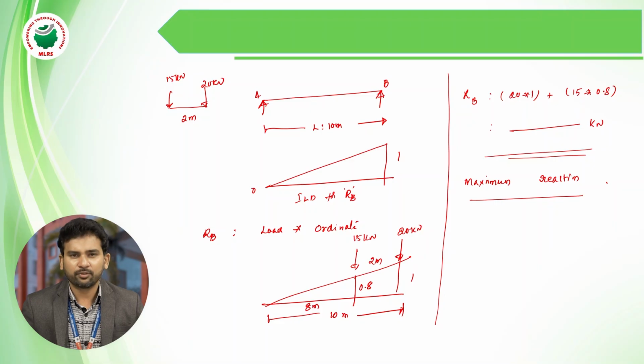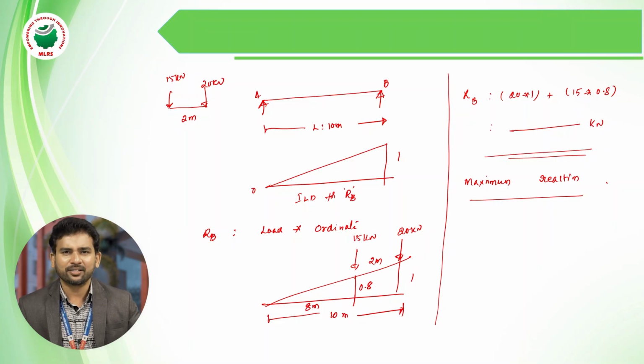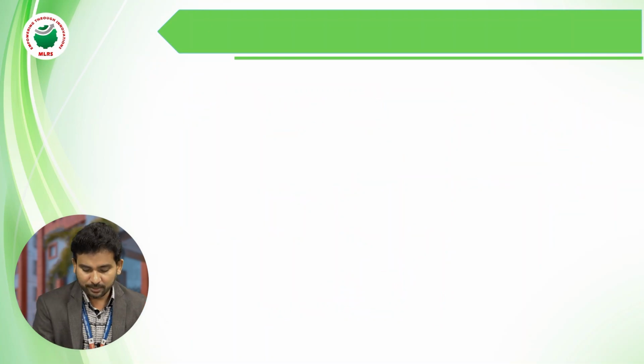Up to here we have determined the ILD for RA and ILD for RB, and the reactions RA and RB. Now it's time to find out the maximum and minimum shear force, which we are going to determine at 3 meters from either support A or support B. So now the ILD for shear force.